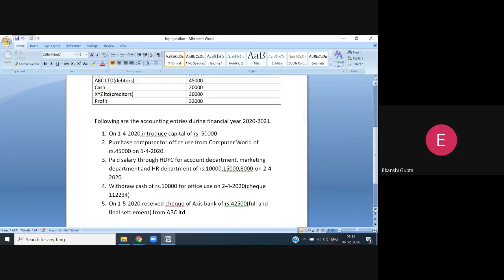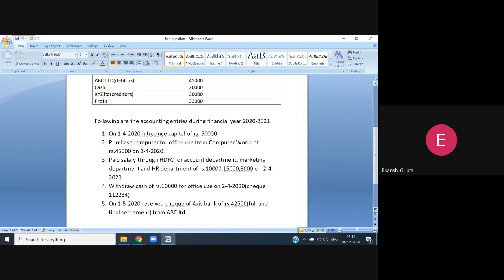2nd April 2020. Fourth, withdraw cash of rupees 10,000 for office use on 2nd April 2020 with a check amounting rupees with the check number 112234.